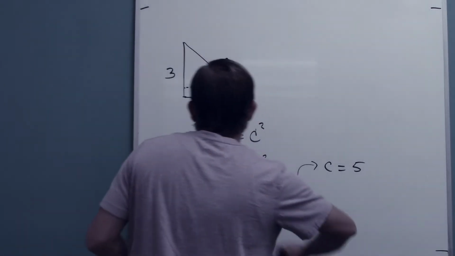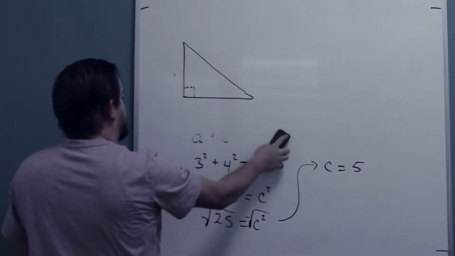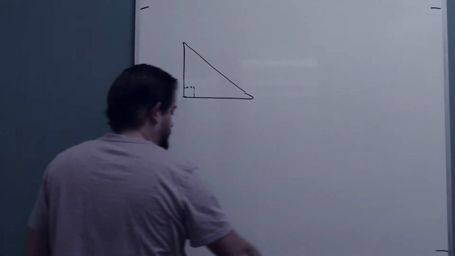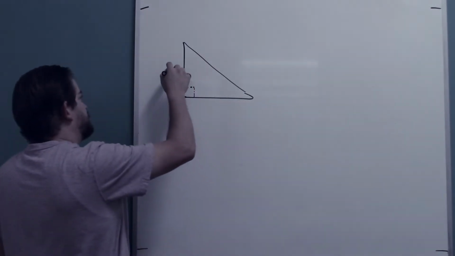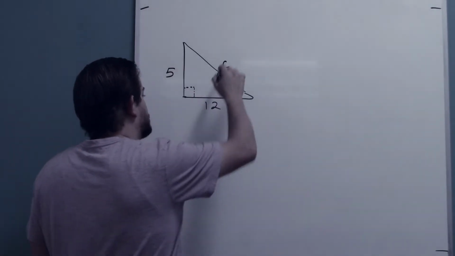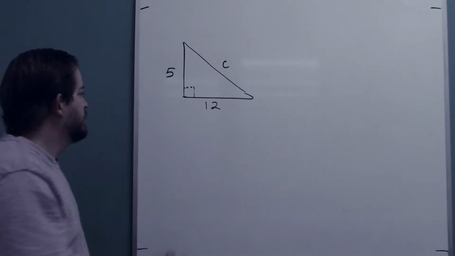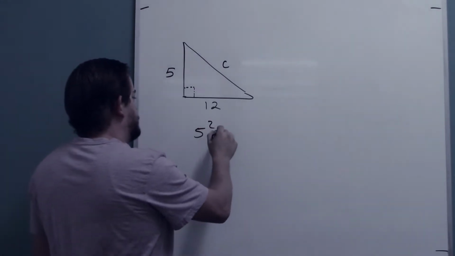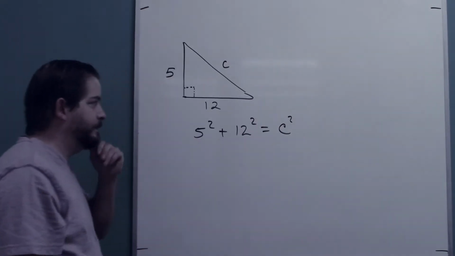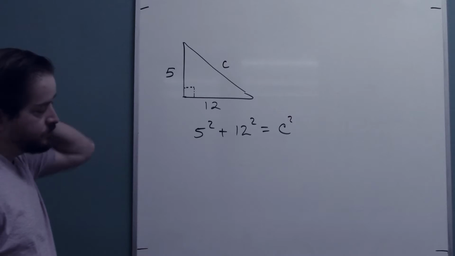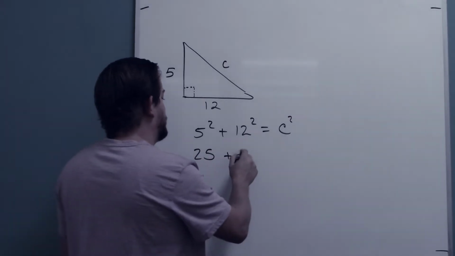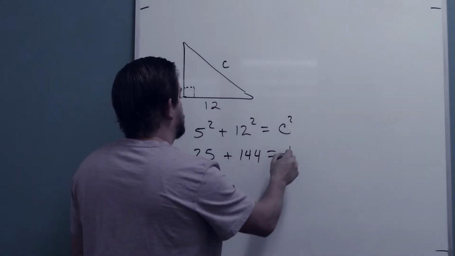All right, let's take a look at another one. Another nice one is, let's say this is 5 and this one is 12. Again, we're looking for c. Well, this tells us that 5 squared plus 12 squared is equal to c squared. 5 squared is 25. 12 squared is 144.